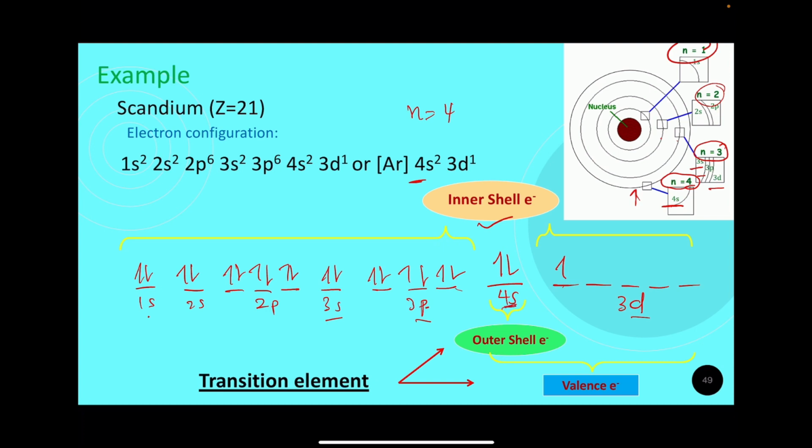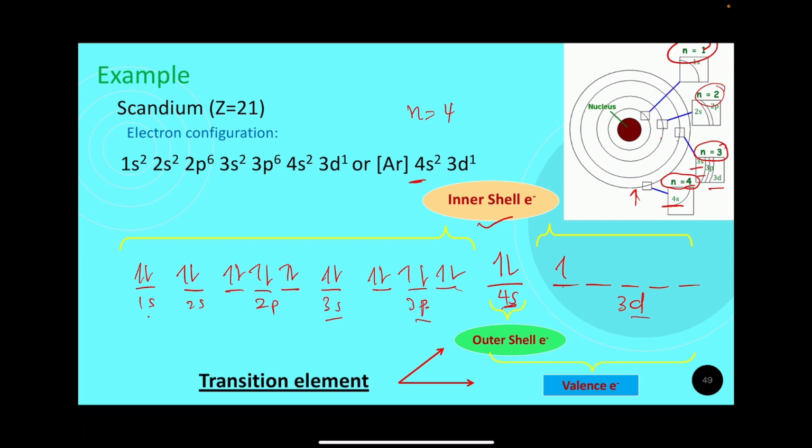That's why the outer shell electrons are based on the 4s orbital only. So the outer shell electrons are 2 electrons only.